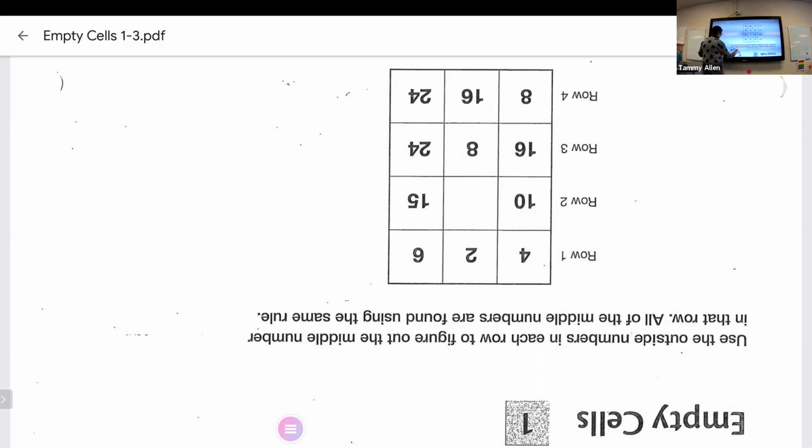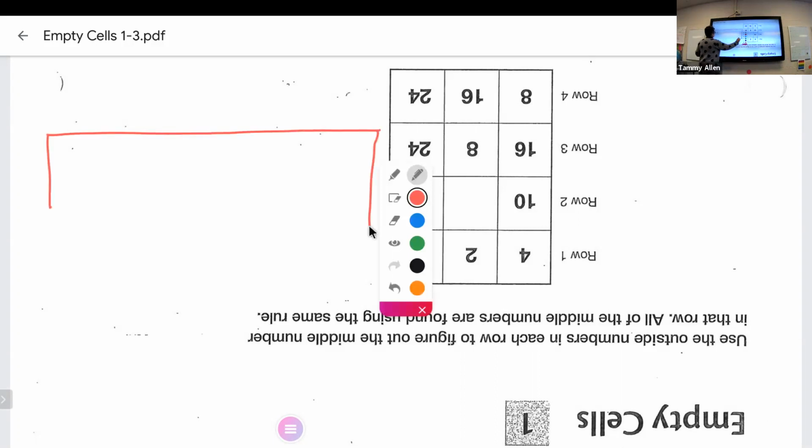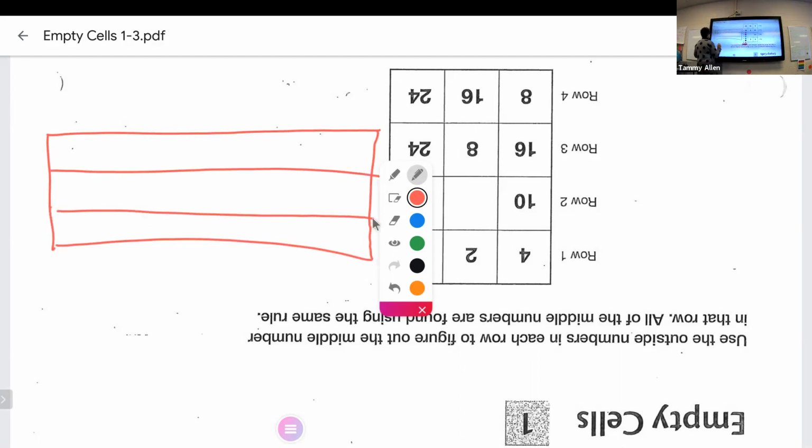So if we make a table. Okay? And this is the right. This is the left. And this is the middle.